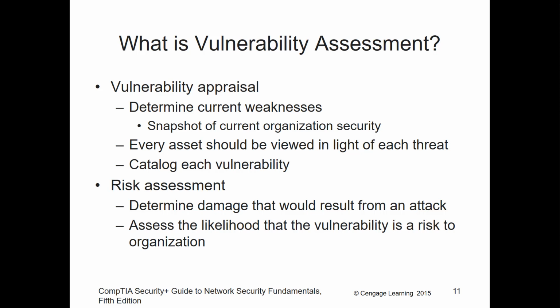Moving forward, we have what's called a risk assessment, and this will help to determine the damage that might result or could result from an attack. You're going to assess the likelihood that the vulnerability is a risk, and you're going to review the more common likelihoods. For example, I live in Las Vegas, and a tsunami is a potential vulnerability.